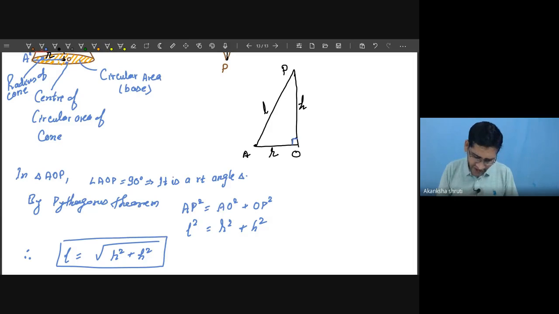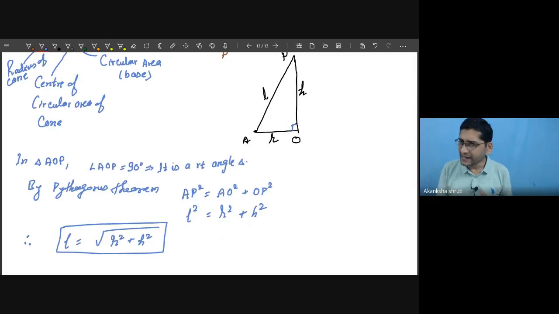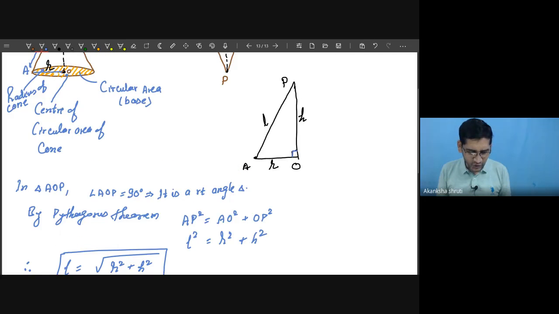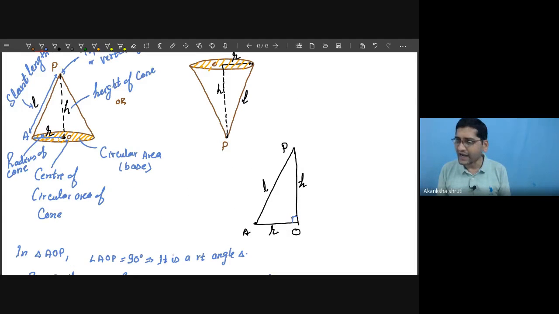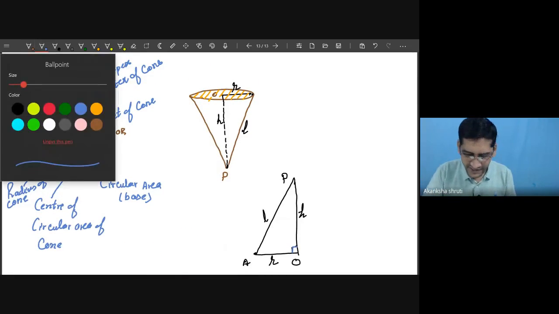So this is the relation between the slant length, radius and the height H. This relation you have to keep in mind, students. It is very important because the slant length L helps us in calculating the lateral surface area. So first, L can be calculated by knowing the radius R and height H of the cone. So what is the relation here? Let us enumerate it.